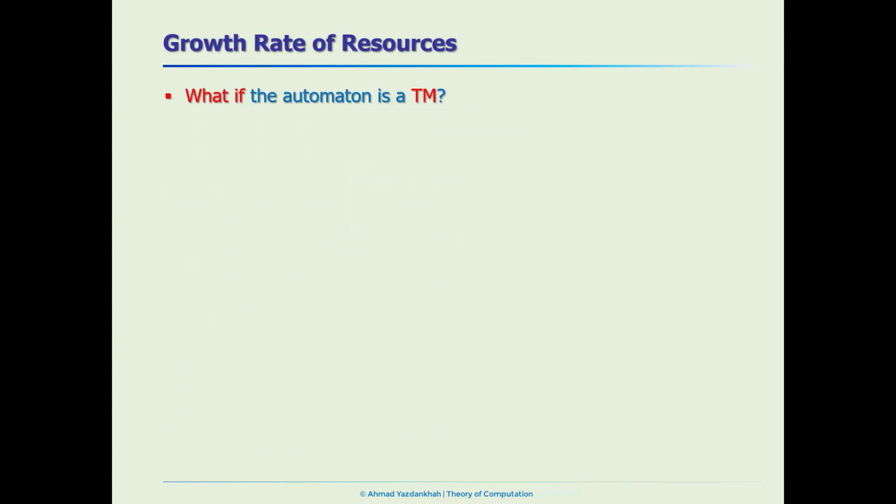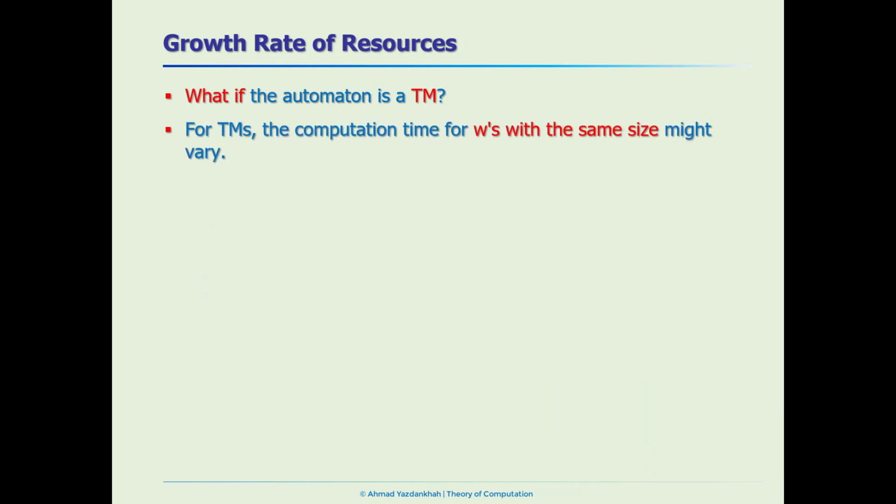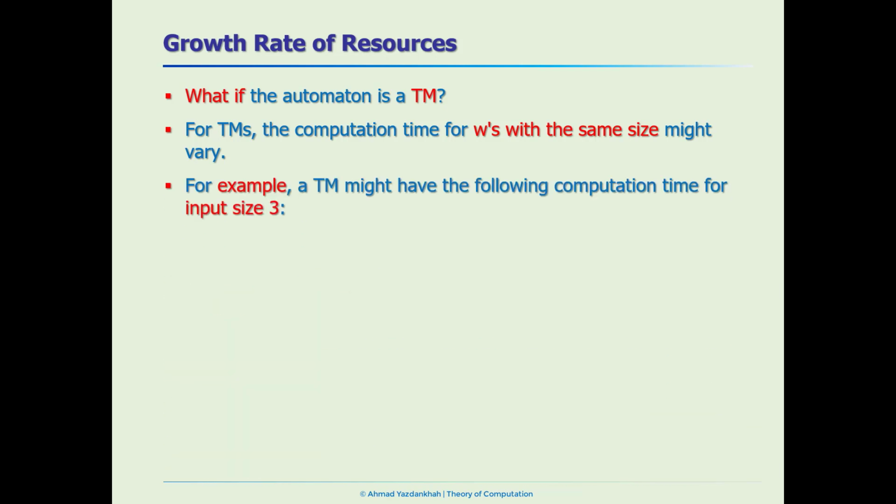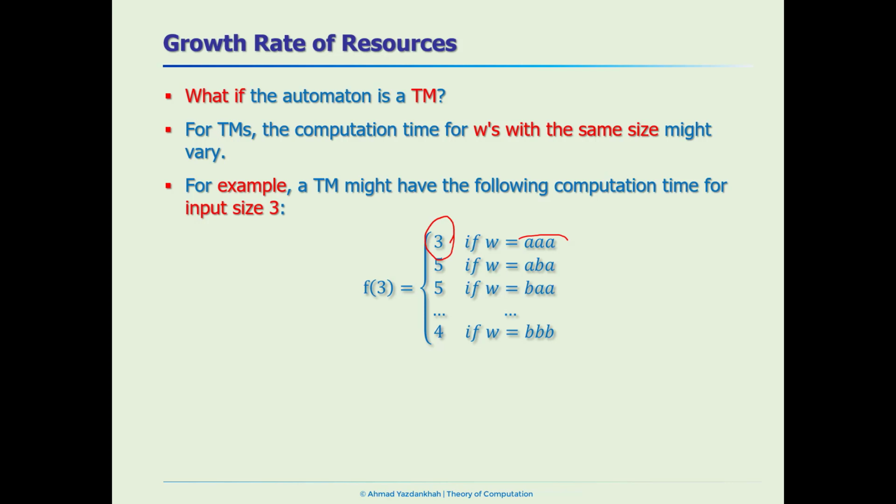How about if it is a Turing machine? Now it's different because a Turing machine has the ability to move the cursor left or right, and that's why for the same size of the input, we might have different times. So here is an example. If we input AAA, maybe the Turing machine takes 3 transitions to process that. But if we put ABA, it takes 5.